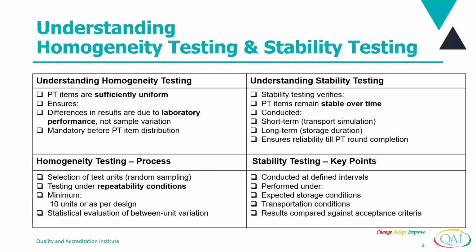In such cases, stability is very much required. Otherwise, generally on mechanical parameters, it is not that important. It depends again on the nature of the material you selected for the PT scheme.